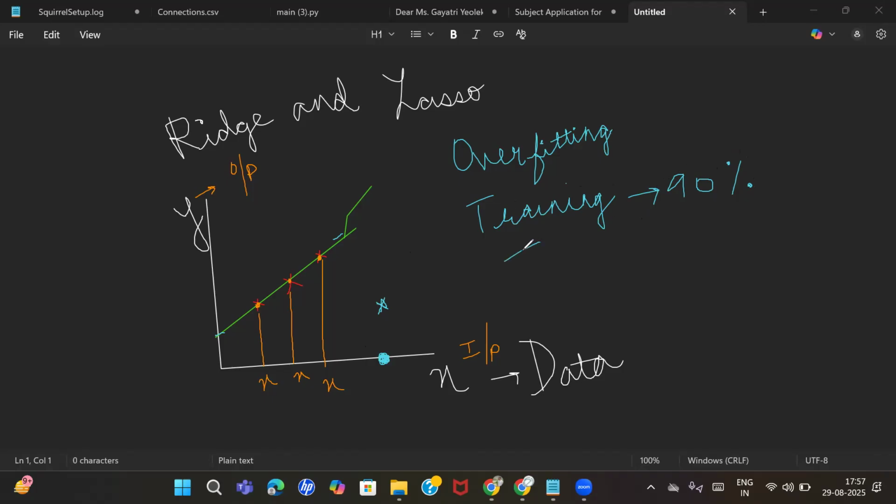And when we are testing our model with our test data, the accuracy is coming somewhere around 60%. Whenever this happens, it is called an overfitting model.